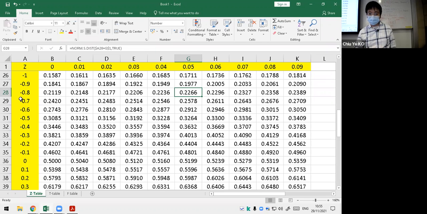So you add up together, so it should be this number. So you see, you have to be very careful when you read the table. Otherwise, you make a mistake. Because this is how I construct the table, you have to look carefully at what the table tells you.